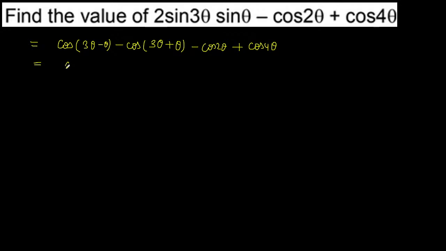We simply got cos 2 theta minus cos 4 theta. This is minus cos 2 theta plus cos 4 theta. So this is equal to 0.